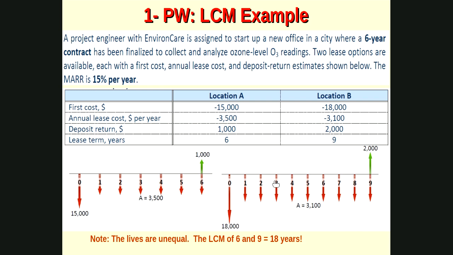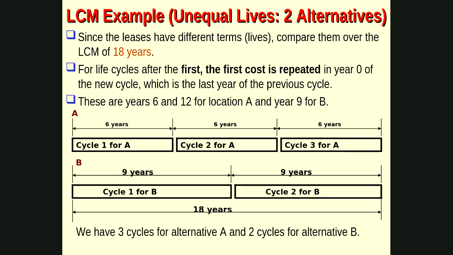After you find the LCM, you draw the cash flow as shown here: 15,000 in year 0, then the annual 3,500, and the salvage or the deposit return, which is the 1,000 on year 6. Can you hear me? Yes, okay, great.